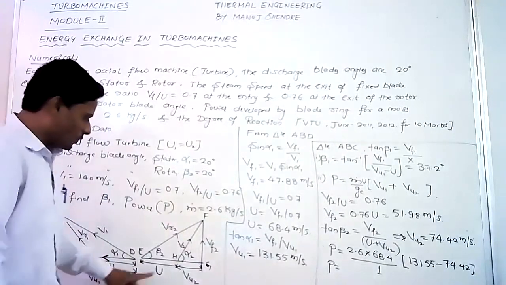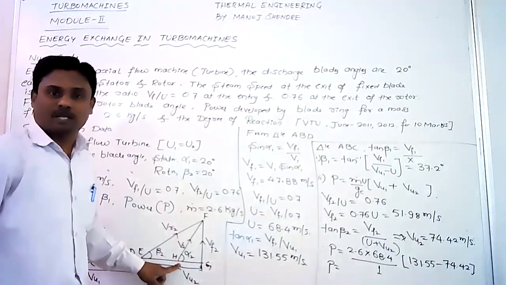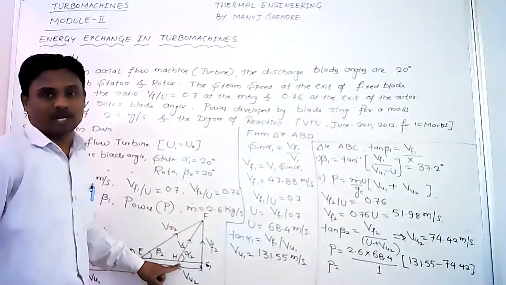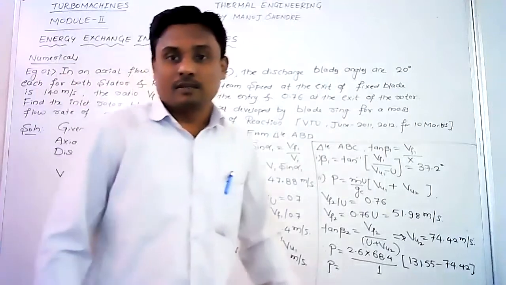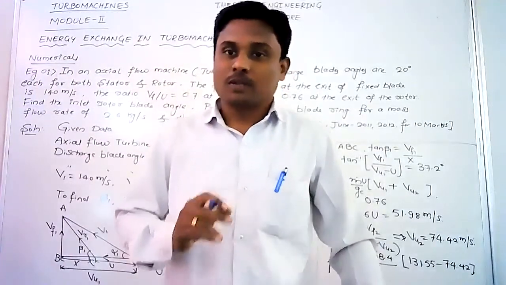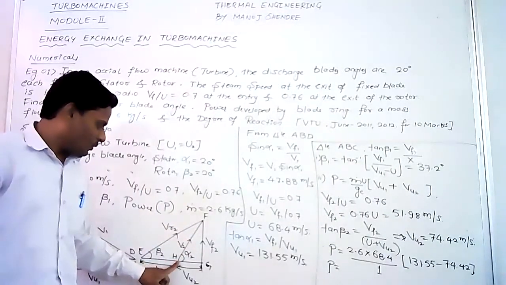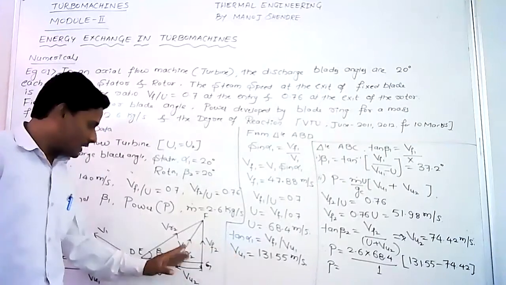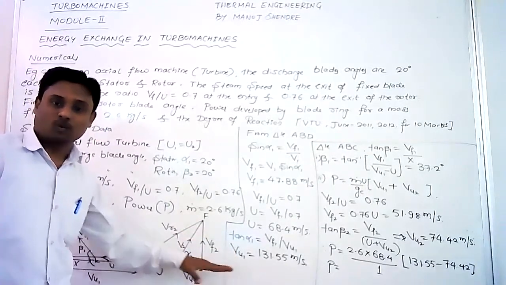What about the Vu2? V2 is the absolute velocity at the outlet, which also has three components, namely the relative velocity component, the tangential velocity component, and the flow velocity component. The direction of Vu2 is towards right, because this is the direction of V2 and the horizontal component has a direction towards right.